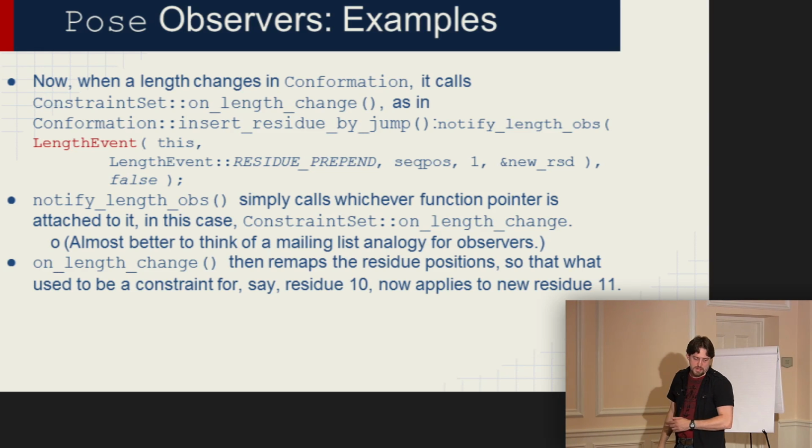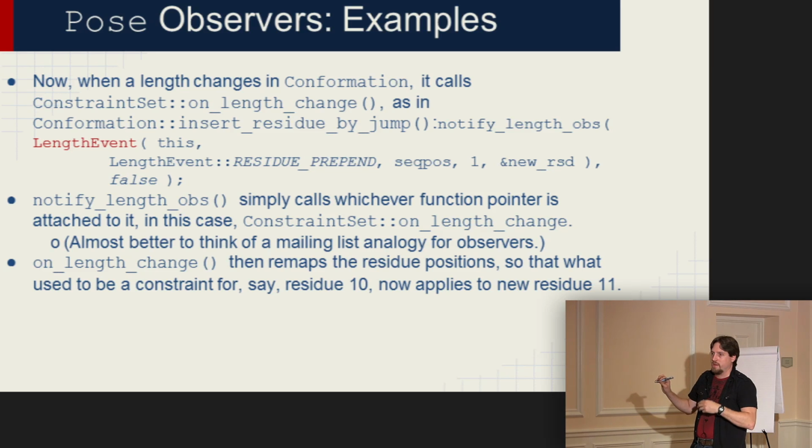At that point, what the notify length observer function does is it simply calls up whatever function pointer is attached to it. It looks through the private data of conformation, which was set when you did the attaching on the previous slide, and it says, okay, I need to notify all the observers. It looks through the list of observers and says, okay, I see that I'm being observed by constraint set, so I'm going to call up constraint set.